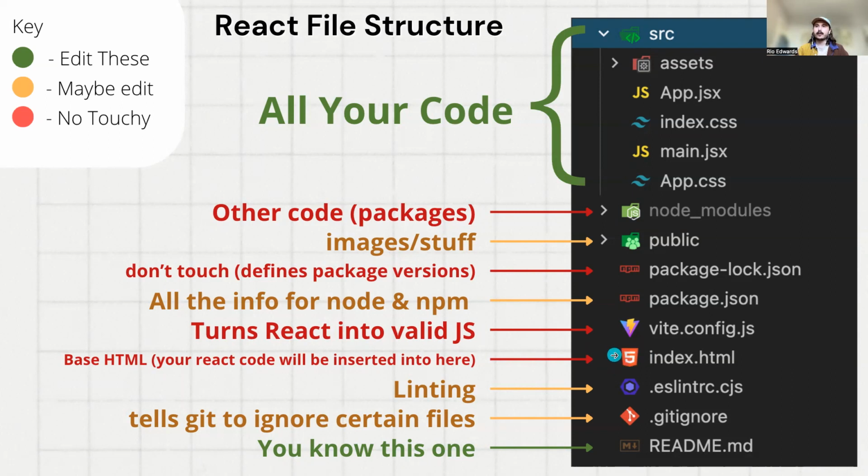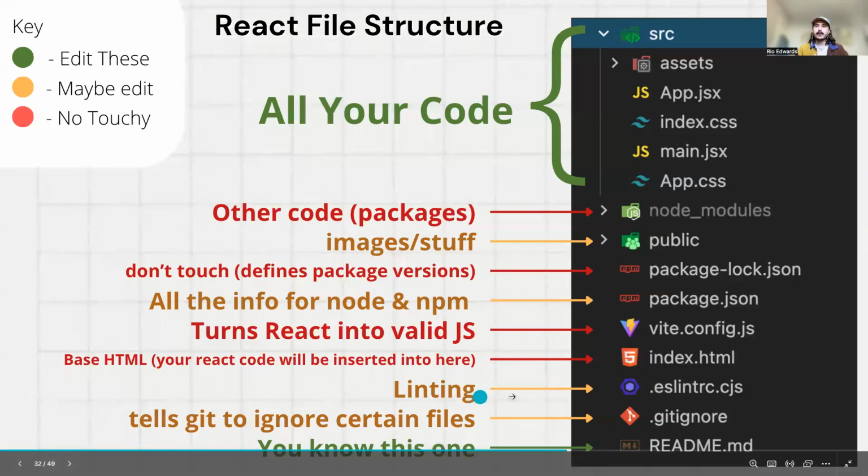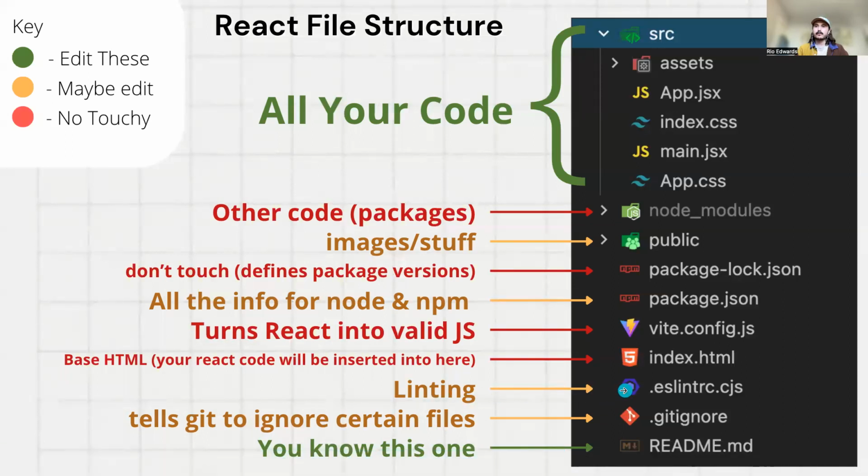And you're not going to write any actual HTML in this file. It's almost empty, but it will be populated with all of your JSX eventually. Linting, I'll touch on that later. Your ESLint.